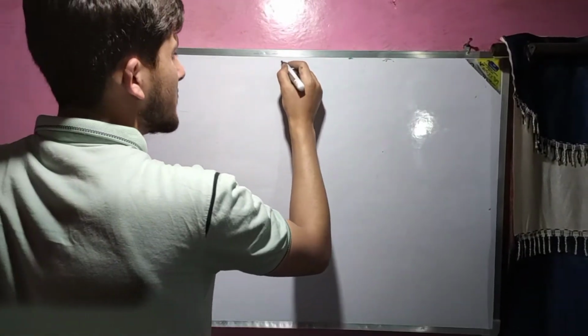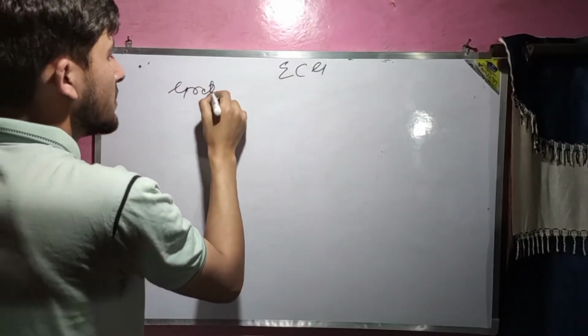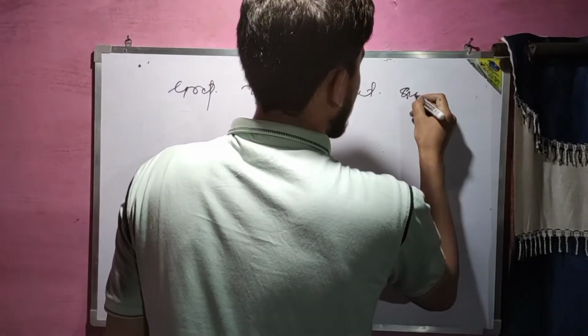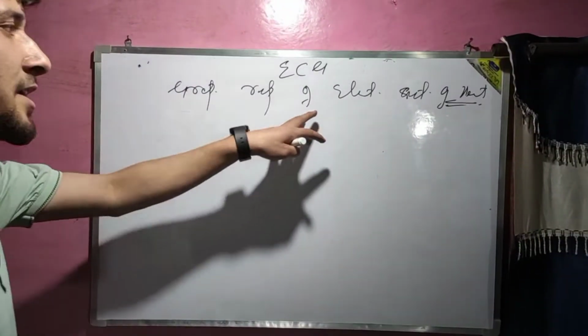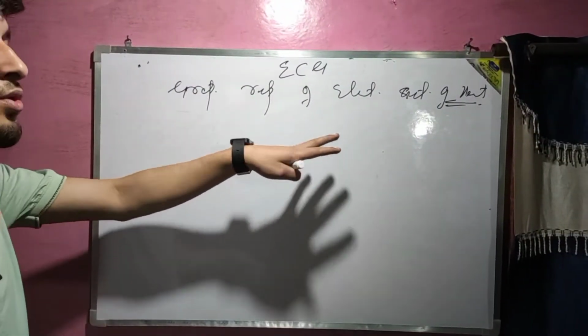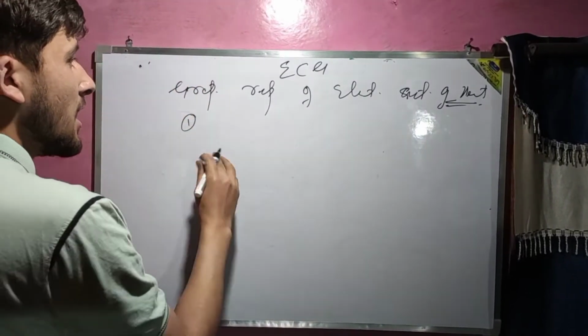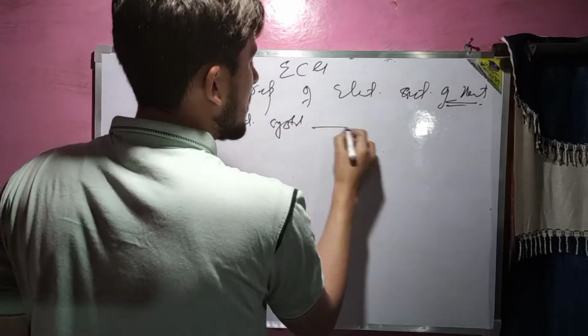Now we will try to know what this ECG is. ECG is simply the graphical representation of the electrical activity of the heart. The electrical activities that happen in the heart, we will now graphically represent. For example, first comes atrial systole, which we will graphically represent.